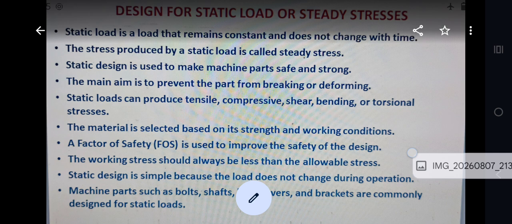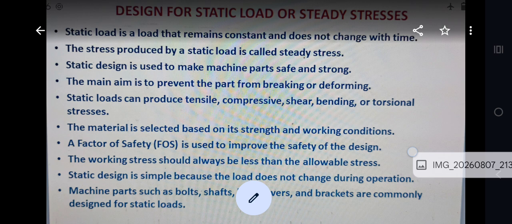For example, if the allowable stress is 120 megapascal and the calculated working stress is equal to 80 megapascal, then the working stress is less than the allowable stress.